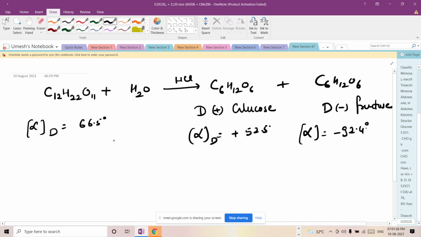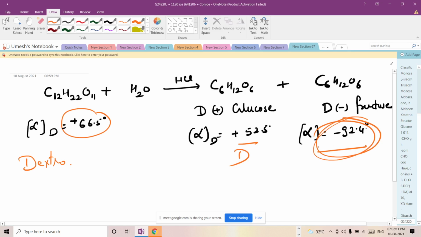Now, you can see that the sucrose is dextrorotatory. And glucose is also dextro. Fructose is levo, but the levo magnitude is more. So there is a change in the optical rotation, and this type of sugar is called the invert sugar.